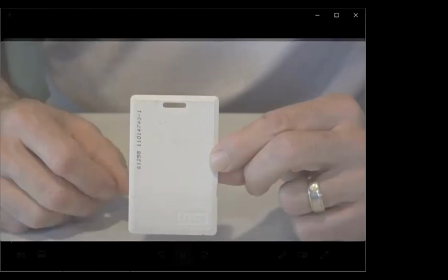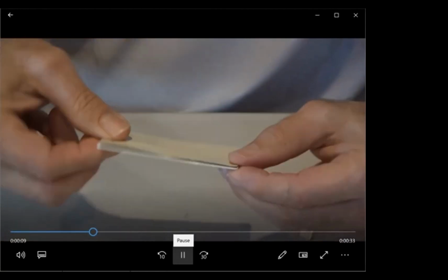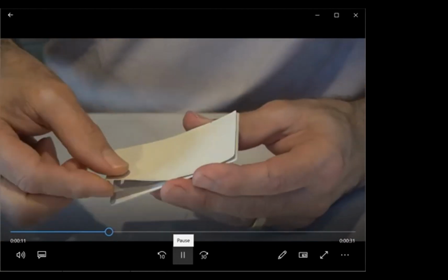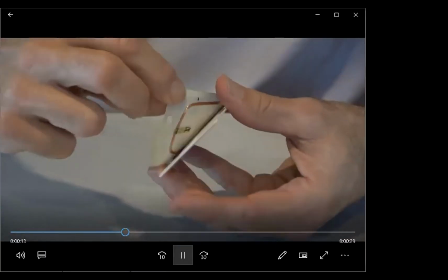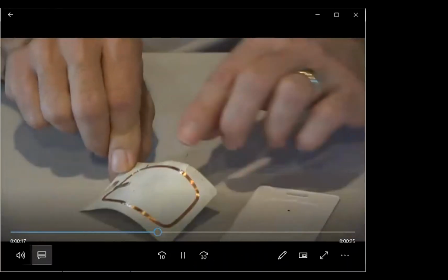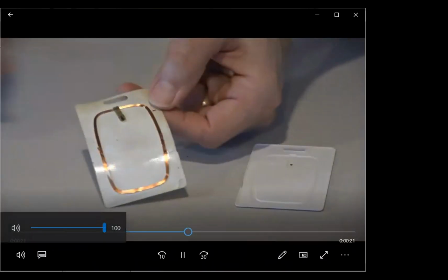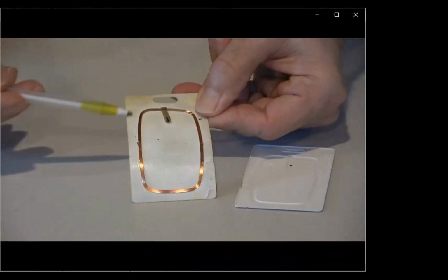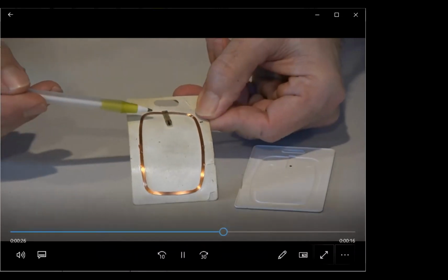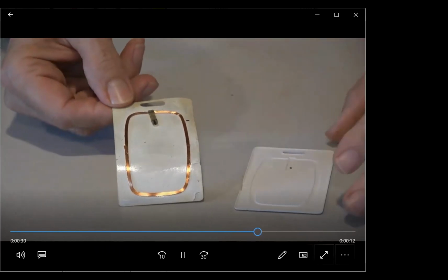A lot of companies use ID cards like this, so you can scan them and get past locked doors. Or maybe you're familiar with a fob to get into your car. These are types of RFID. There's a coil of wire inside that gets energized by the card reader through electromagnetic induction.